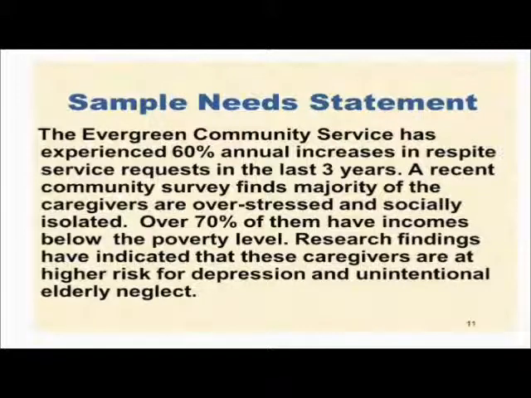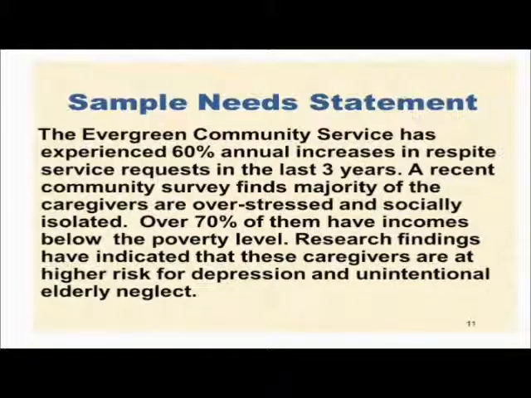A recent community survey found the majority of the caregivers are overstressed and socially isolated. Now you have a community survey again, and this is a documented need, a documentation of a felt need. And then over 70% of them had income below the poverty level.